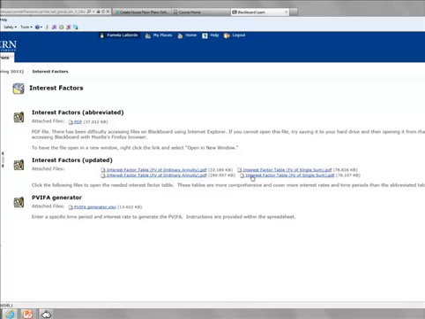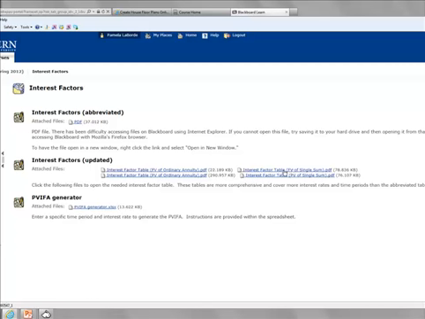In this particular case, we are using the future value equation, so we need the future value interest factor. You can see there are 4 different interest factor tables: 2 for annuities, present and future value, and 2 for single sums, present and future value. Again, I'm using the future value formula, so I'm going to look up the future value of a single sum interest factor.